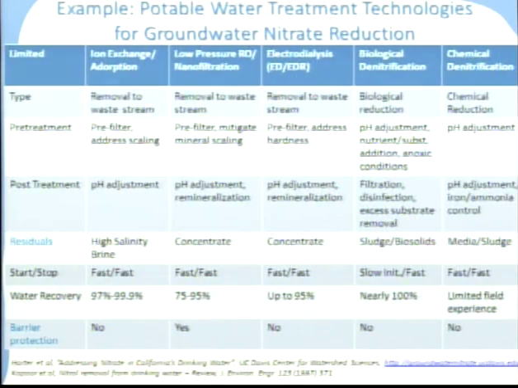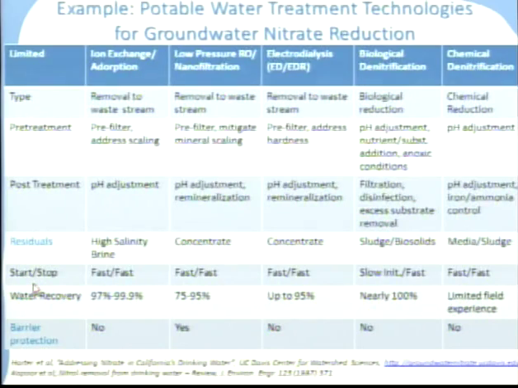In the case of RO, of course, you've got the concentrate, and the same is true to some extent in electrodialysis. You'll have sludge and biosolids that can be a challenge at times to handle, and the same with chemical denitrification.